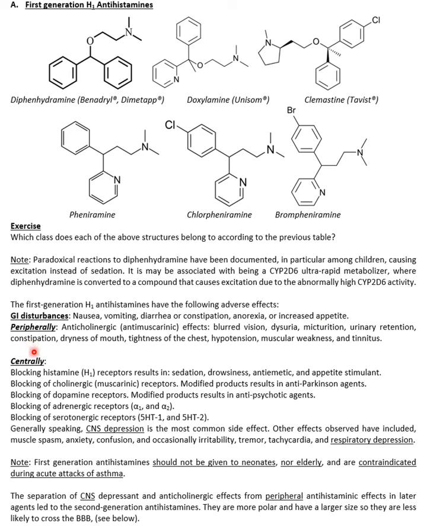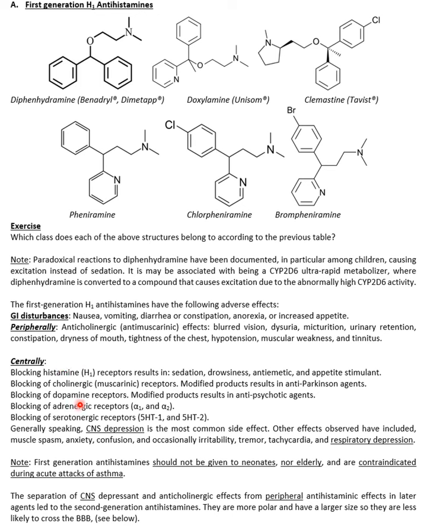But they also have side effects due to their peripheral action on the cholinergic receptors, producing anticholinergic effects such as blurred vision, dysuria, micturition problems, urinary retention, constipation, dry mouth, tightness of chest, hypotension, muscular weakness, and tinnitus. So these are the peripheral side effects of the first generation antihistamine.